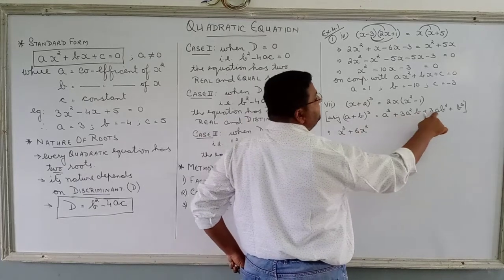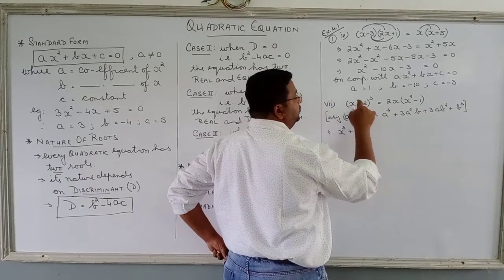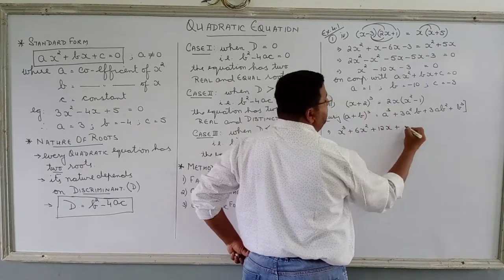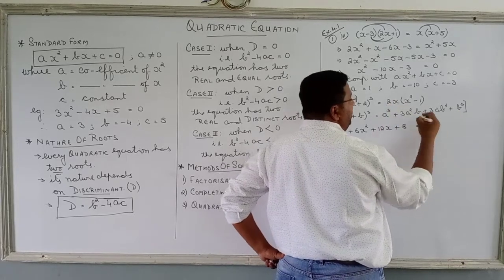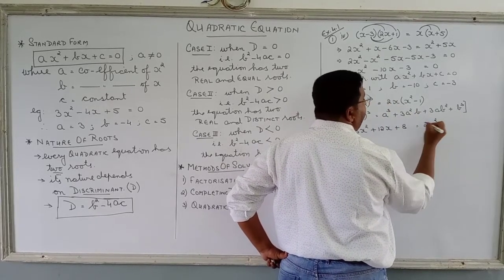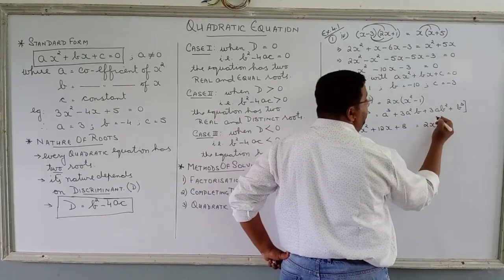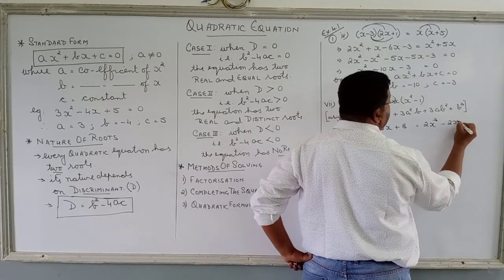And then plus 3ab squared, 3 multiplied by x into 2 squared, 2 squared is 4, 4 threes are 12x. Plus 2 cube, b cube, that is 8. Equals 2x into x squared, 2x cube, and 2x into minus 1, minus 2x.